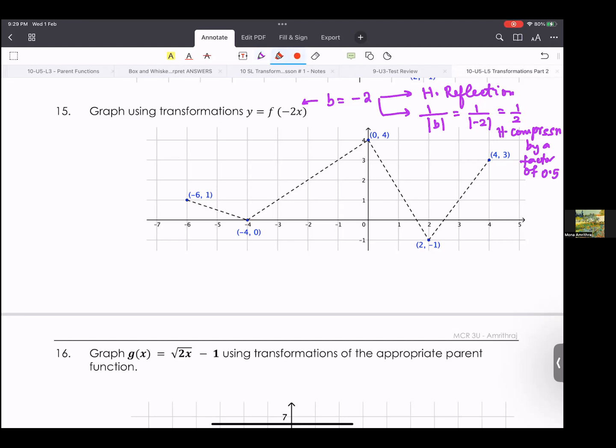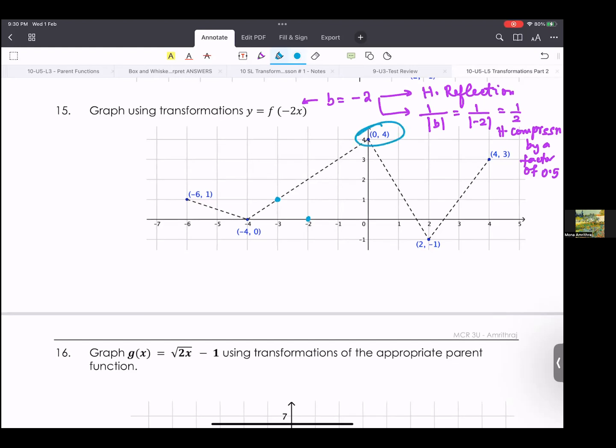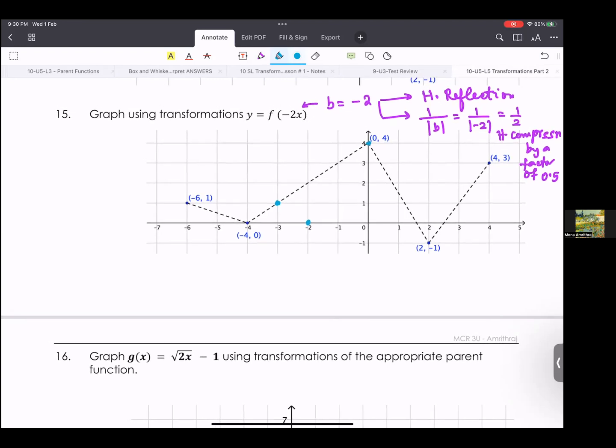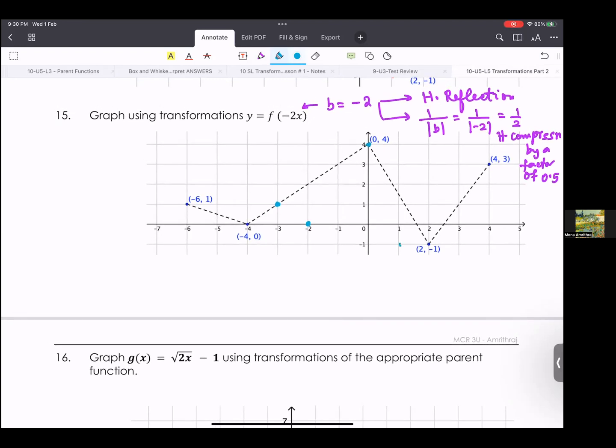I'm just going to compress it first, just for you to see what happens. So -6, 1. Actually, we already did this, so I'm going to start with that. That's going to be -3, 1. Then we go with this. -4, 0 is -2, 0. And then 0, 4 is going to be just 0, 4. And 2, -1 is going to be 1, -1.